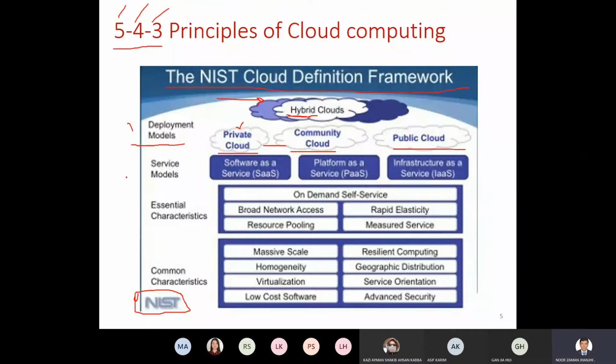Then the second thing is about the service model. The service models are what? We are providing three modes.